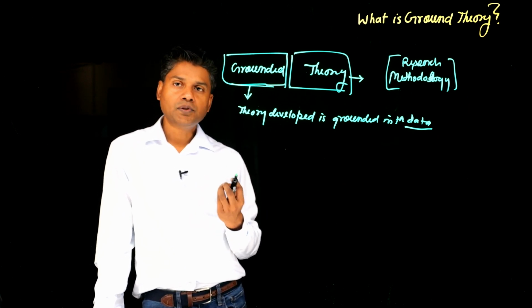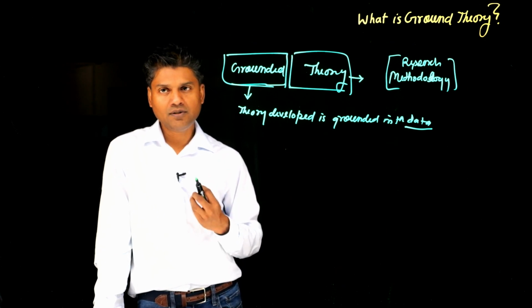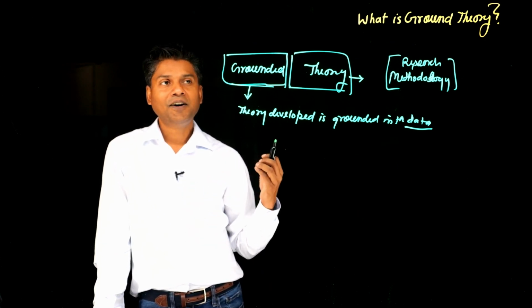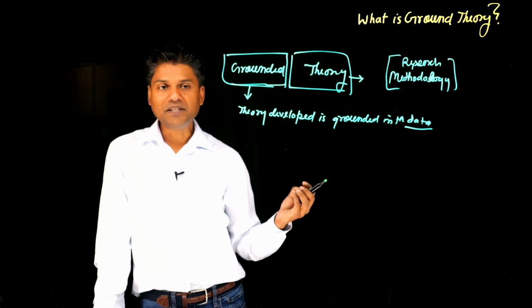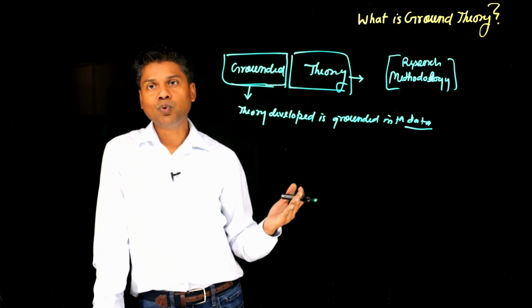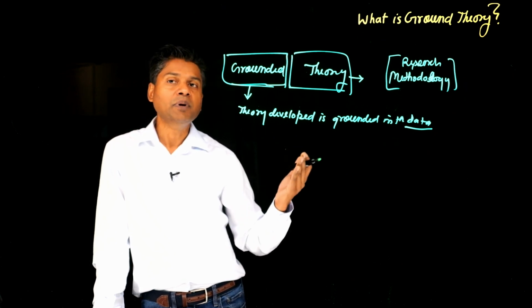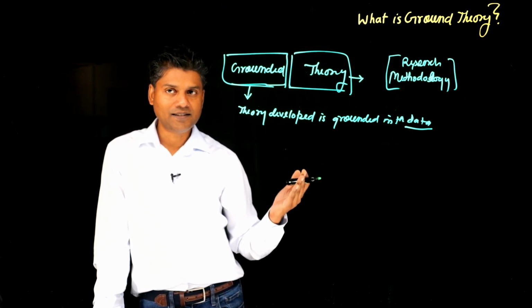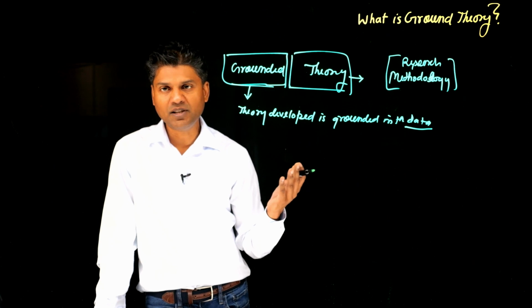The reason is that human behavior is very complex, unlike material behavior. Material behavior is easy to predict, and that's why theories have more generalizability power in hardcore sciences such as physics, material sciences, and chemistry.